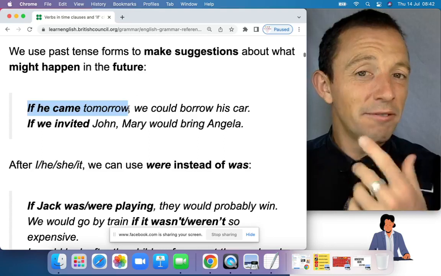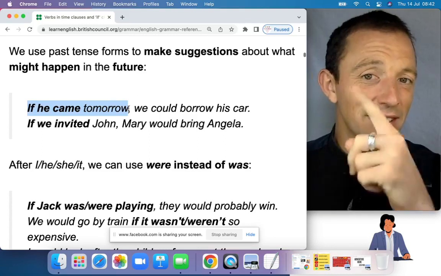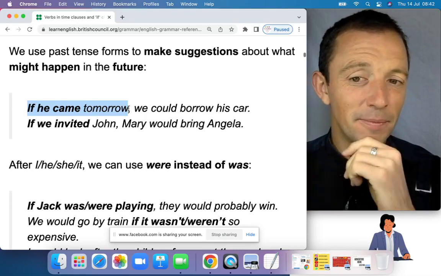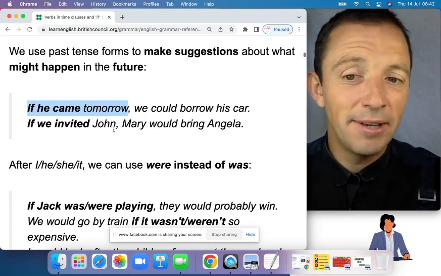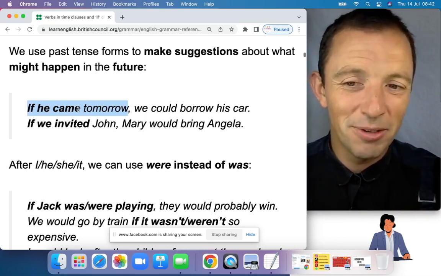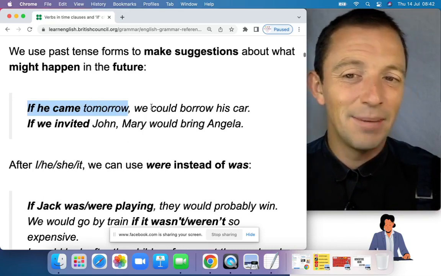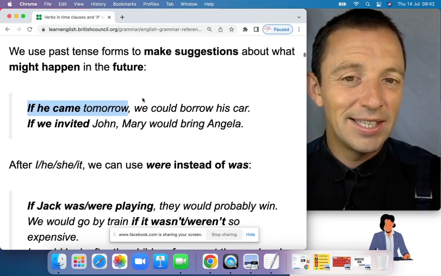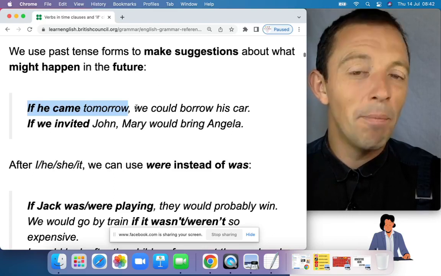So the majority of the conditional clauses in the hypothetical situations are in the past simple. Okay, so if he came tomorrow, it's very strange because tomorrow is the future, but of course we're using the past tense. But this is hypothetical, and therefore we are making a suggestion of what might happen in the future.